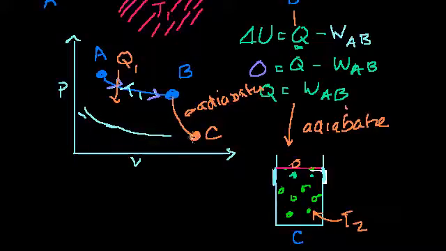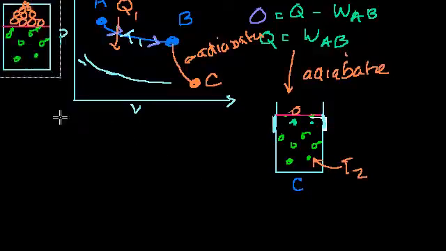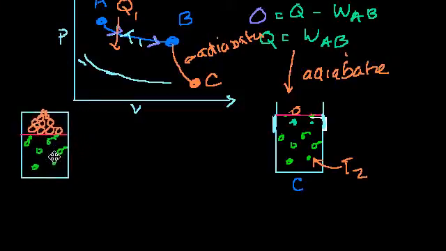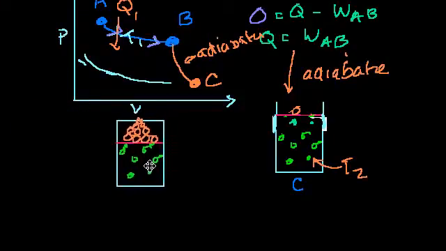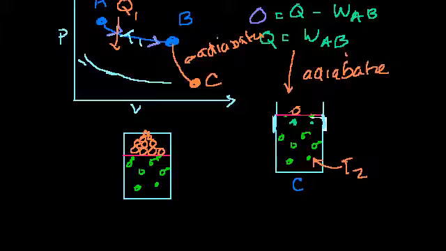So now that we're at state C, and we're at temperature T2, let's put back another sink here. But this sink is going to have a reservoir. So let me erase some of these blocks in black.